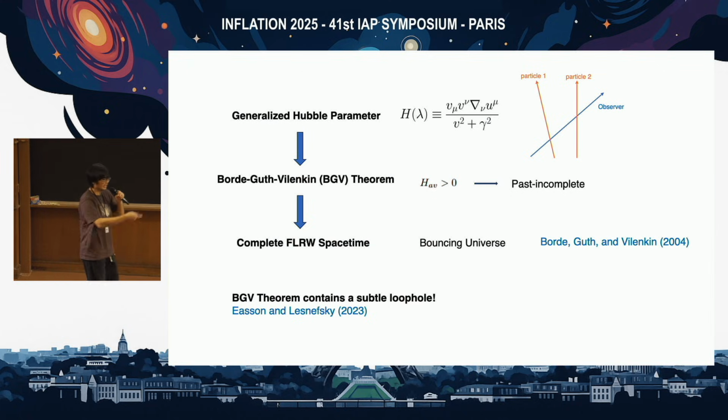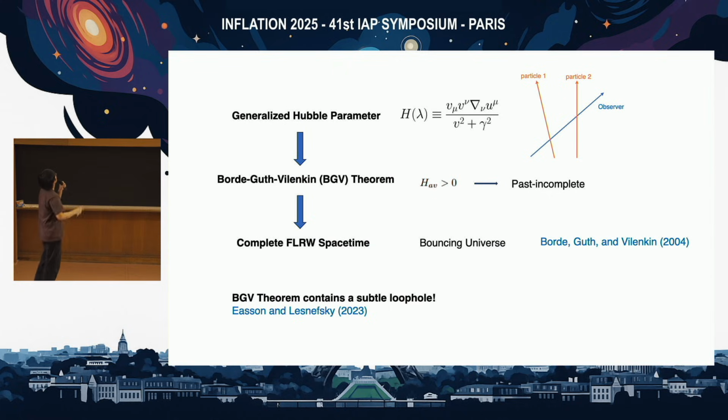So we apply this BGV theorem to FRW spacetime, where the Hubble parameter today is greater than 0. We notice that in FLRW spacetime, the generalized Hubble parameter is just the Hubble parameter we know.